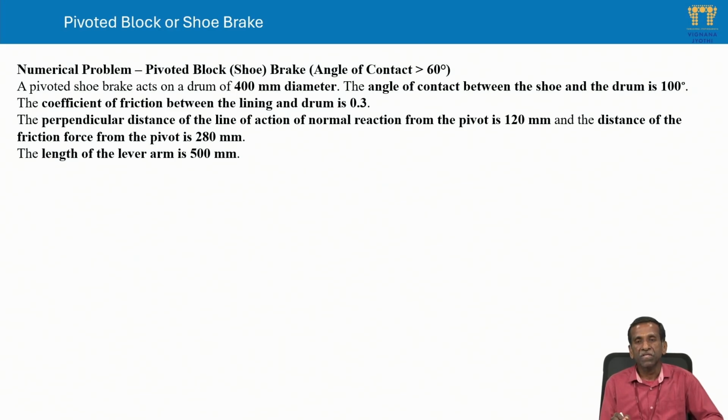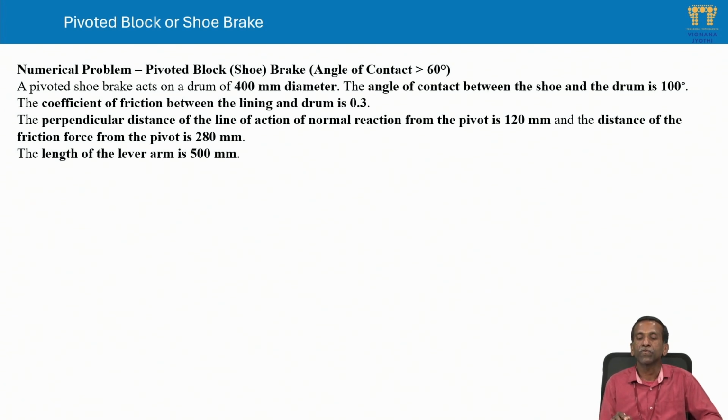In any numerical exercise, if it is greater than 60, it need not be mentioned specially to find mu effective. You obviously use the mu dash relation directly if the contact angle of the shoe with the drum is more than 60 degrees.